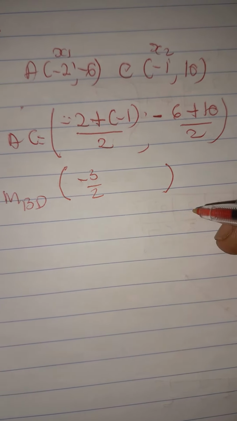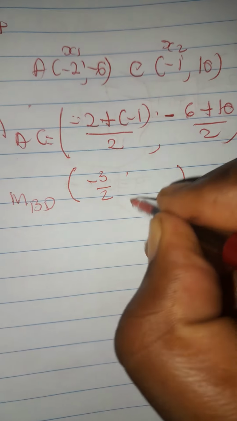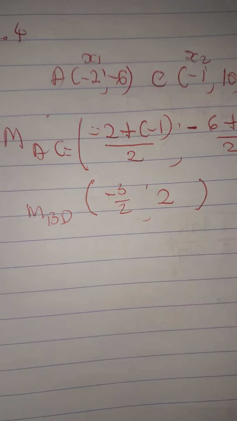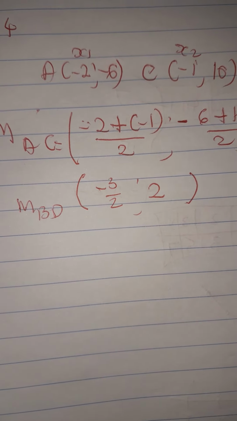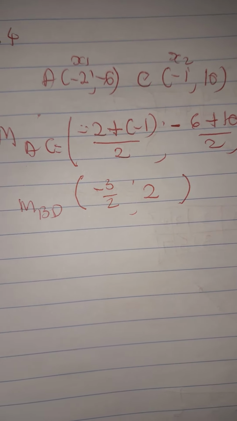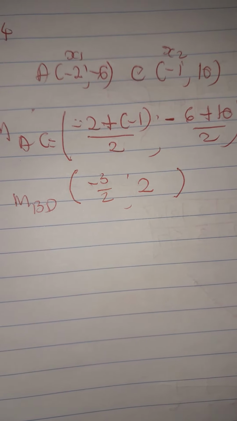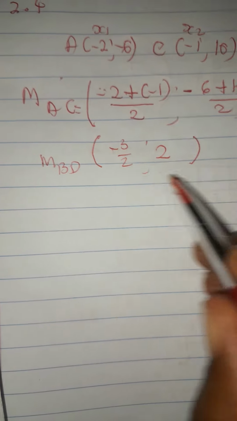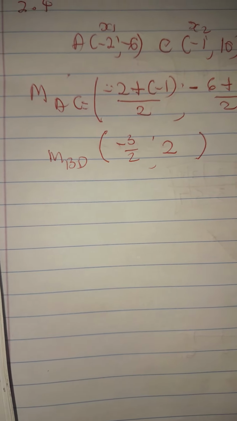How many 2's are there in 4? There are 2. So definitely we are going to have 2, right? It's very important to check your work. So definitely this is the midpoint of BD.